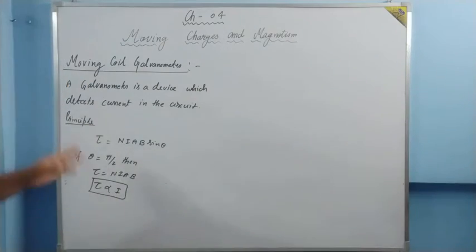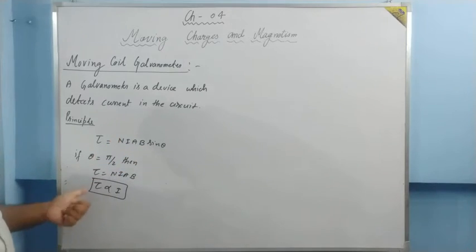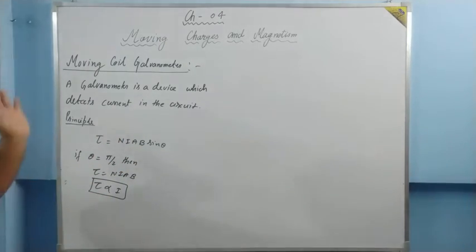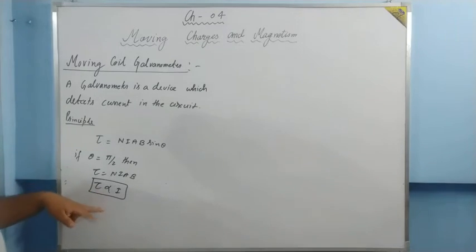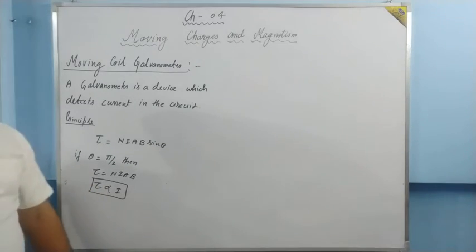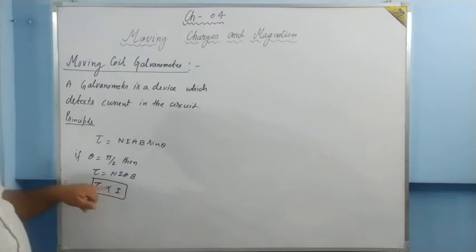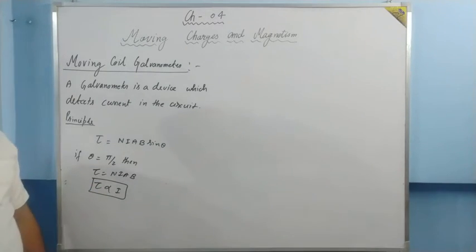So this is the principle of the moving coil galvanometer. If we somehow measure the angle by which it deflects, then from that angle we can calculate the torque, and from that torque we can calculate I, or we can see whether the current is flowing in the circuit or not. If no current is flowing, no torque will be there, and if no torque, no angular deflection. Is it clear?